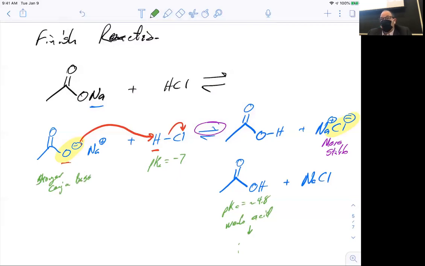Okay, so the way these work is the stronger acid results in the weaker conjugate base. Right, we always go from stronger to weaker. We're going to more stable. So this is going to go forward.